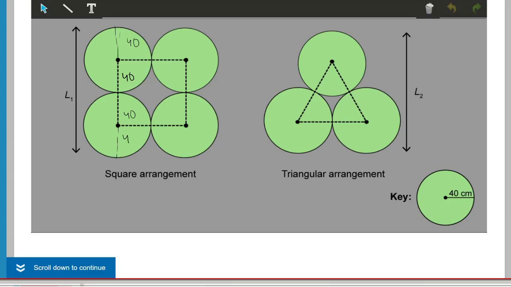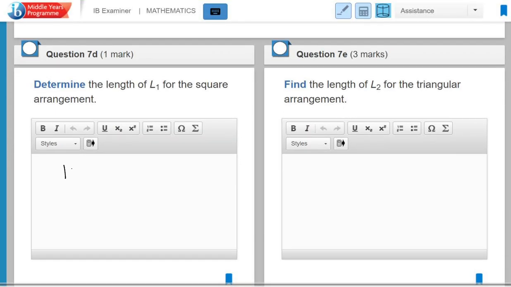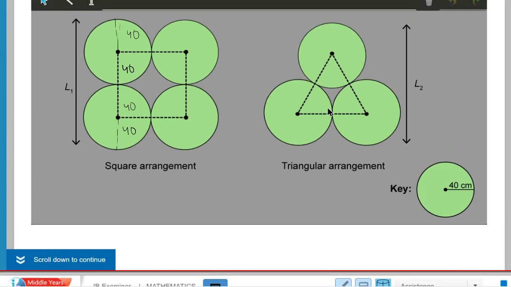All of them are supposed to be 40. So you are going to get an answer of 160. Am I right? 160.